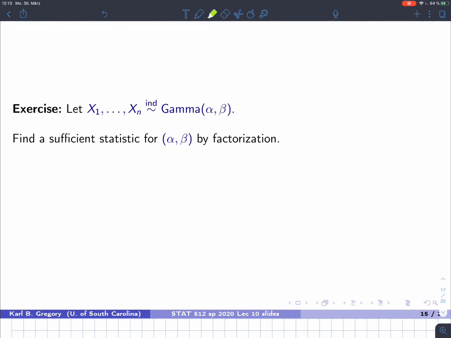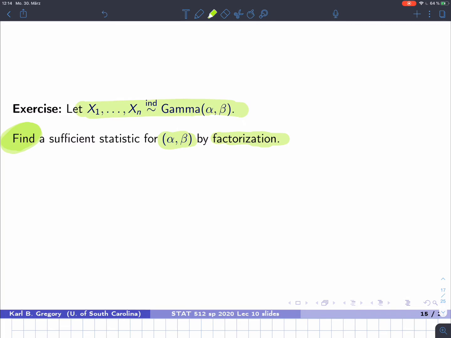Let's do another example. We can also use this factorization theorem to find a sufficient statistic for a set of parameters. So let's say we have a situation like this, and I don't know if there's any way I can reduce the values x1 through xn to maybe one or two numbers without losing any information about the parameters alpha and beta.